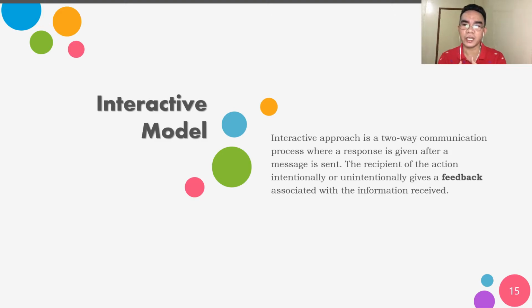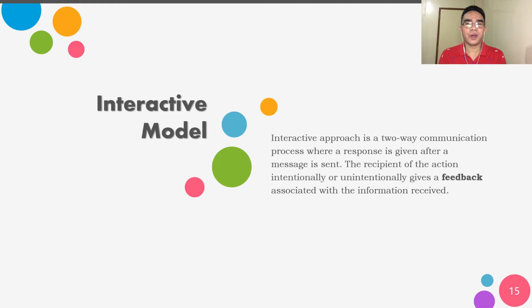To make it more clear, everyone, I hope you're still having a good time there. The interactive model is a communication model which requires a response, or which requires feedback. What do you mean by feedback? The response, another term for response.